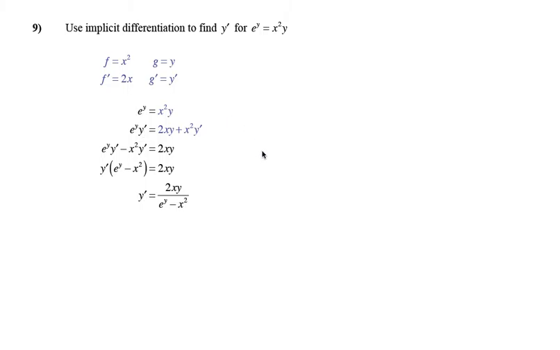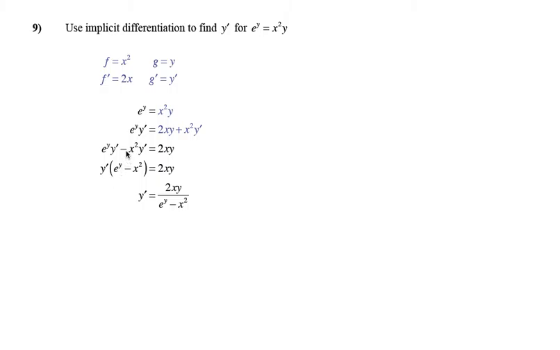Now this is just a matter of solving for y prime. And so to do that, we subtract the x squared y prime term from both sides, and then we factor the y prime out, and when we factor y prime out of e to the y y prime, that's e to the y.